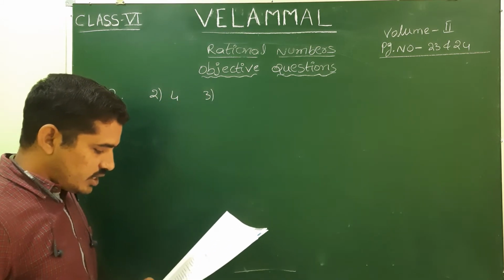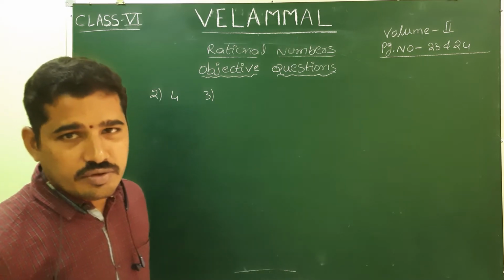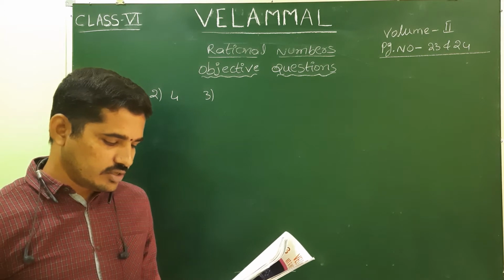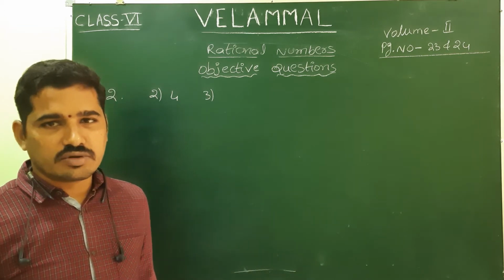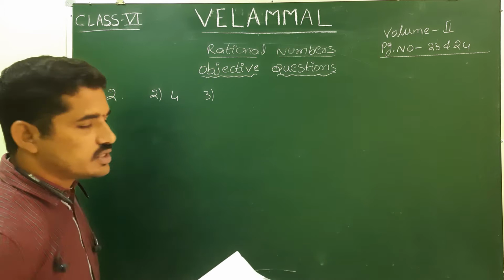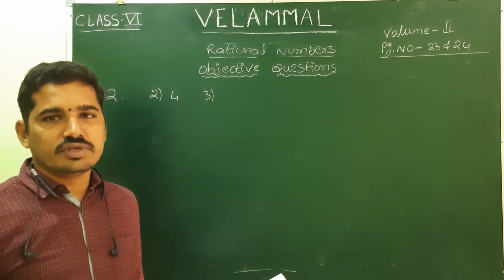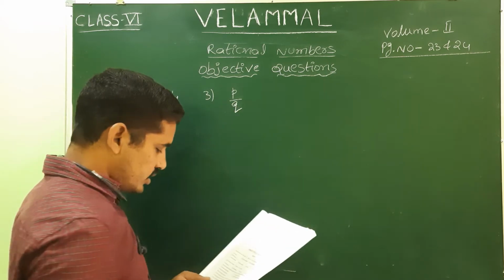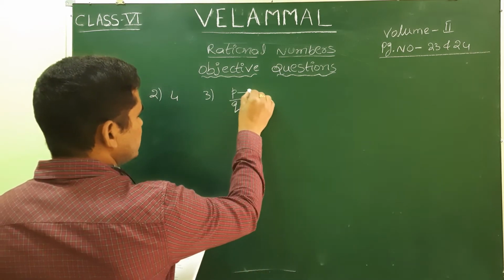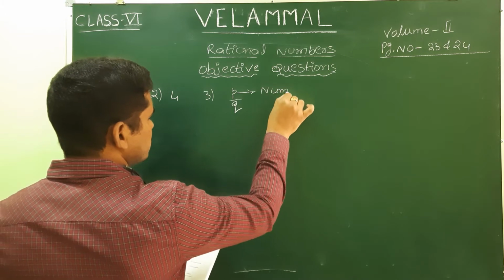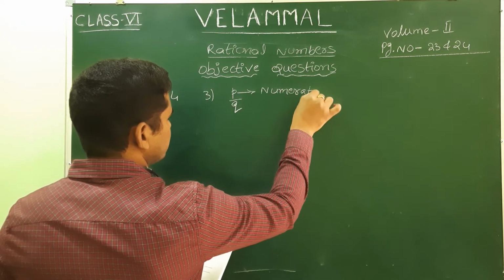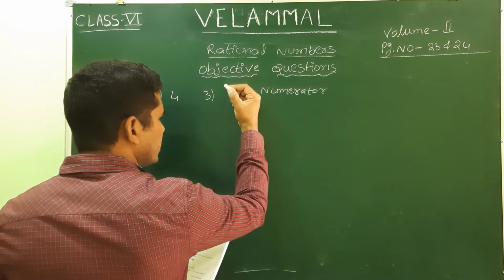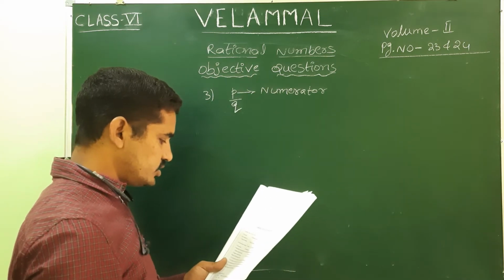Next, in the rational number p by q, where q is not equal to 0, p is called what? When we were discussing the rational numbers in p by q form, we said that p is called a numerator, and q we call a denominator, but only p is asked, so the answer is numerator.